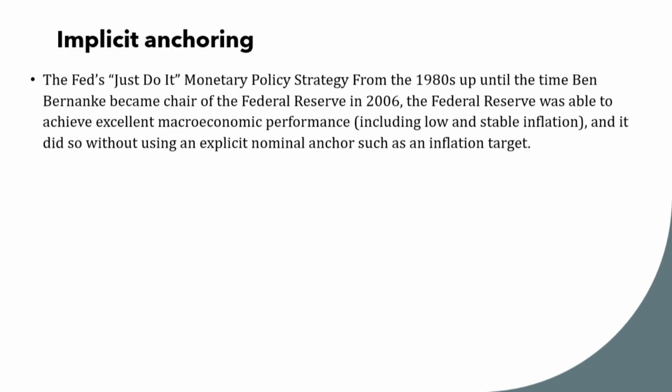In addition to monetary aggregate targeting and interest rate targeting, there is implicit anchoring. That means the Fed's "just do it" monetary policy strategy. From the 1980s up until the time Ben Bernanke became the chair of the Federal Reserve in 2006, the Fed was able to achieve excellent macroeconomic performance, including low and stable inflation, and it did so without using an explicit nominal anchor such as an inflation target.